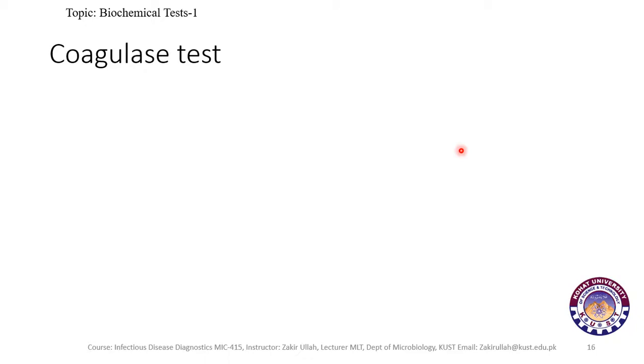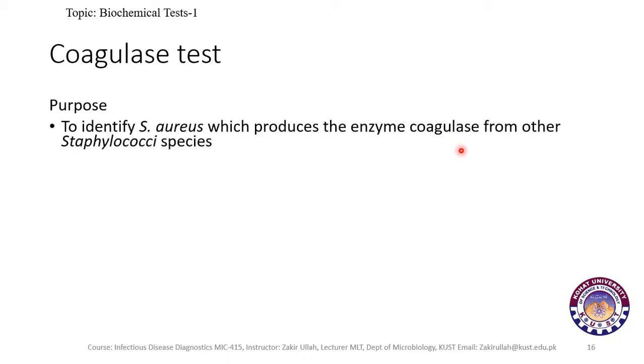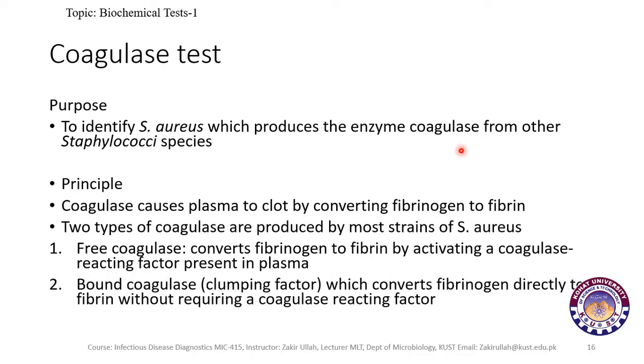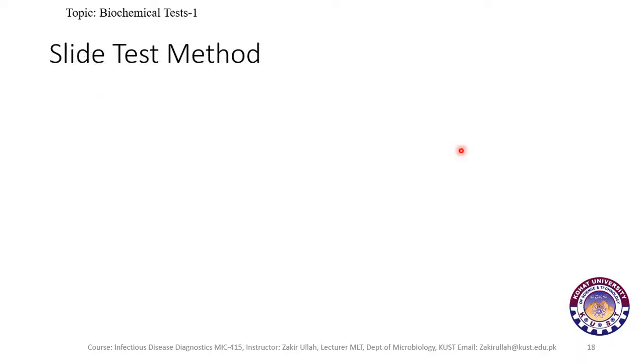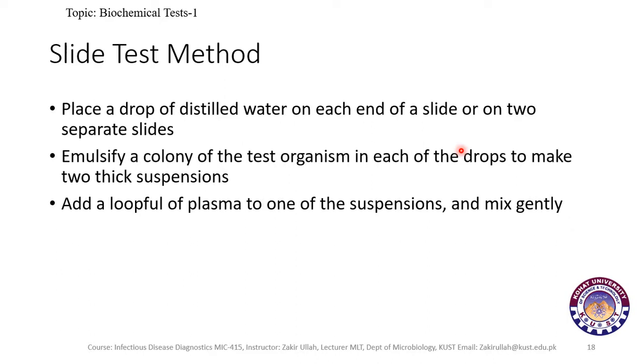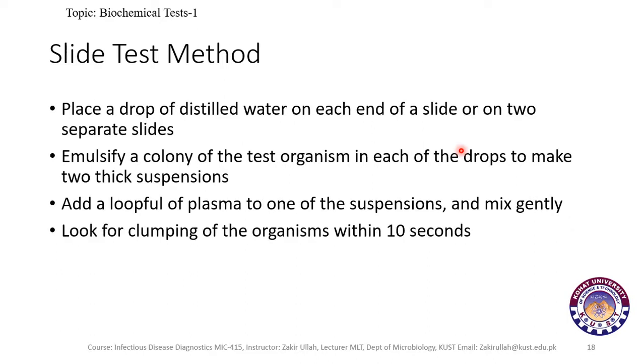The third and important test is for the differentiation among the different types of staphylococci: Staphylococcus aureus, Staphylococcus epidermidis and saprophyticus. The coagulase enzyme is produced by Staphylococcus aureus, and it clots the blood.